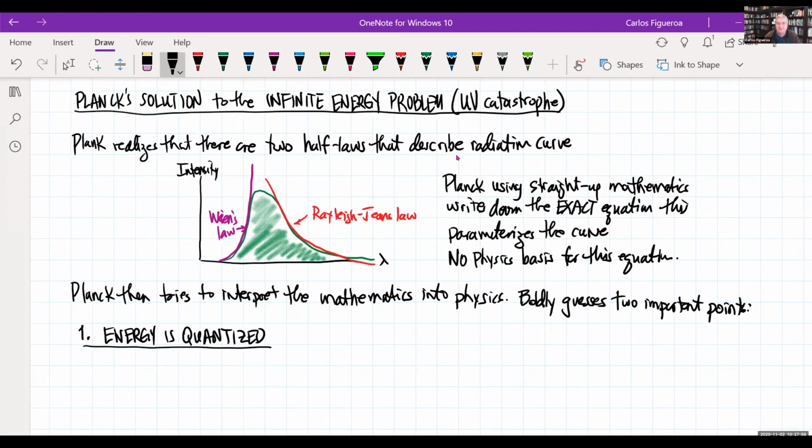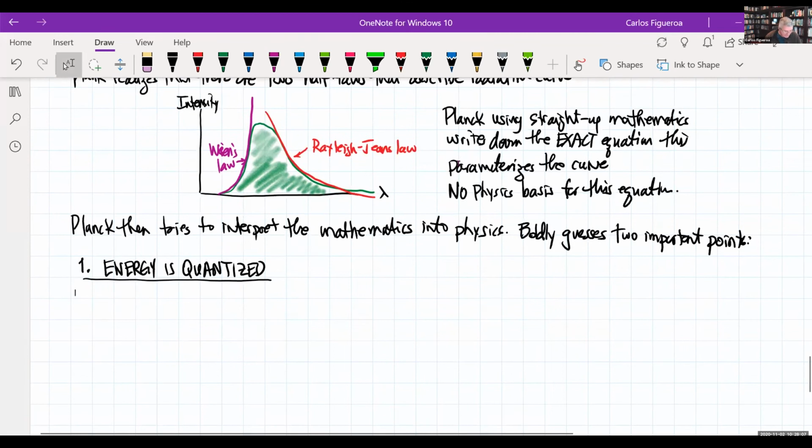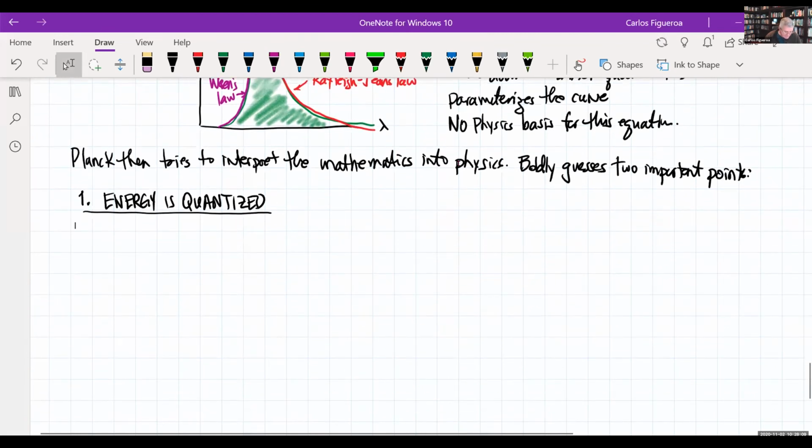And I'll be honest, this one really bothers me. This is one of those things that I really don't like to think about that much. And it essentially says that the energy emitted by the atomic oscillators in the walls of the oven come in little discrete lumps.